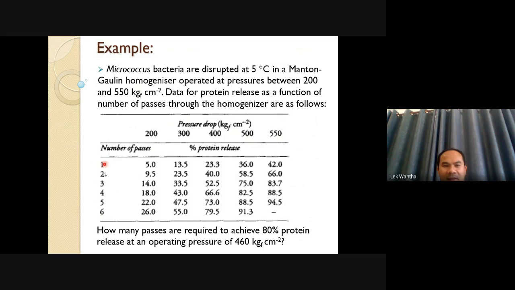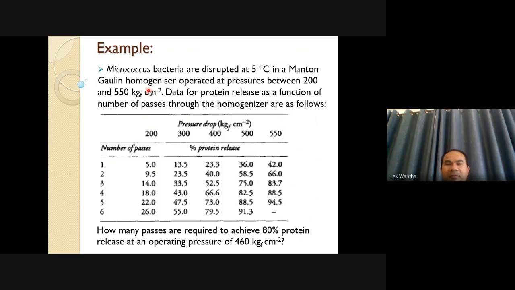For example, at a pressure of 200, if you increase the number of passes or cycles, the percent of protein release will increase. That is common sense: the more time, the more release of our product.